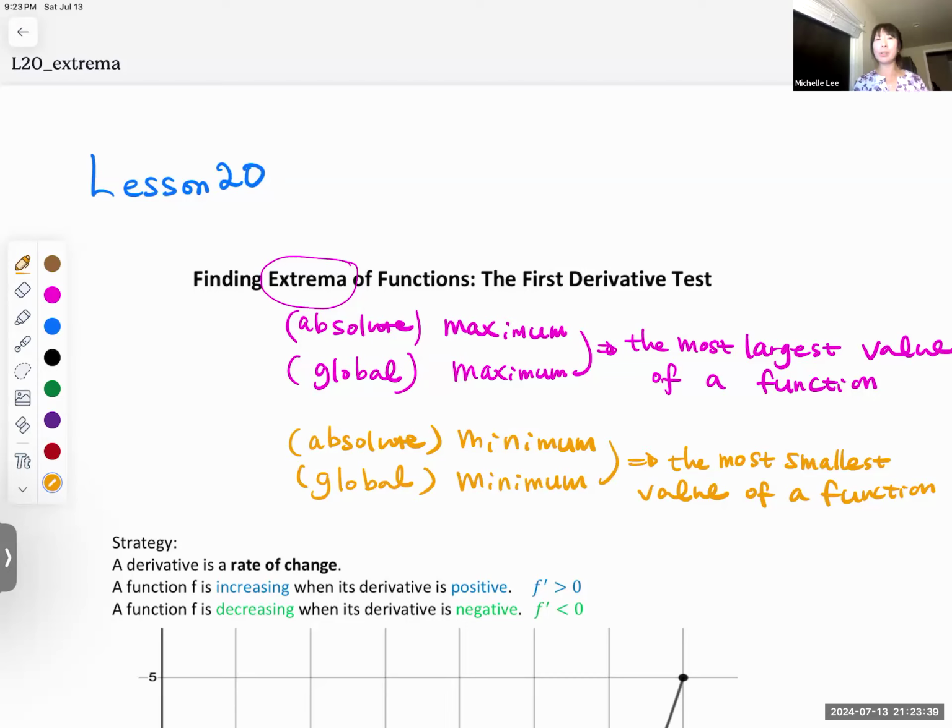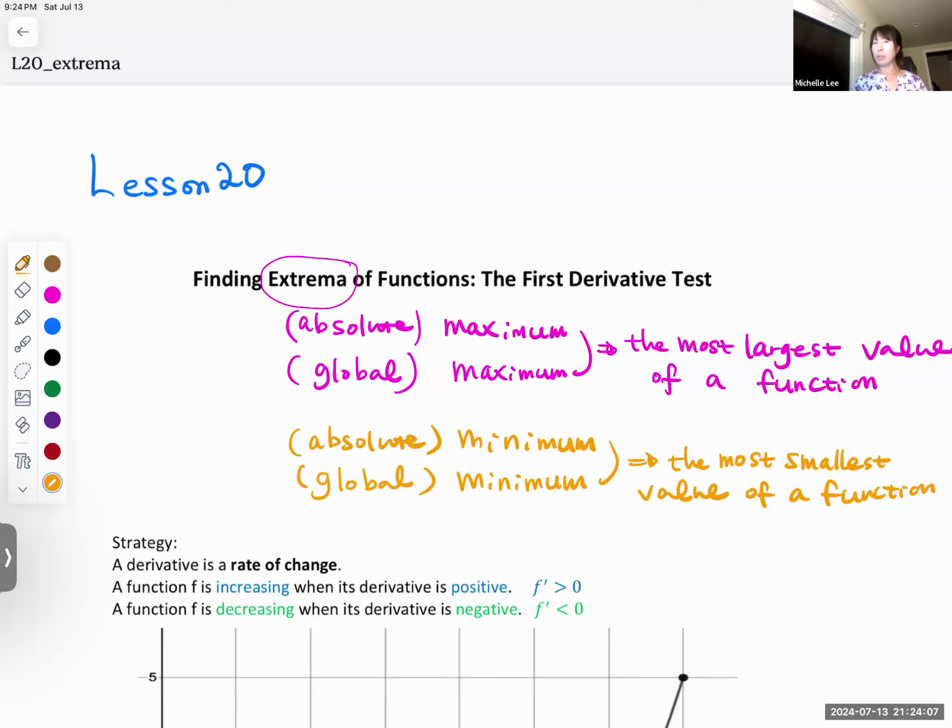We want to talk about extrema for today and the first derivative test. Okay, so what is extrema? We have two kinds. One is absolute maximum, or some other textbooks indicate the global maximum, and absolute minimum or global minimum.